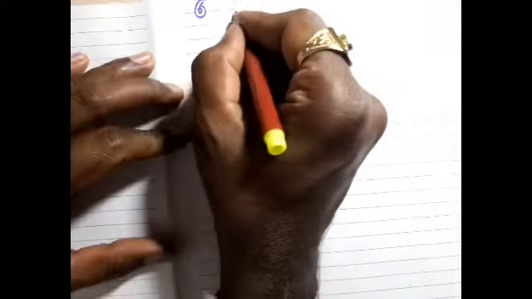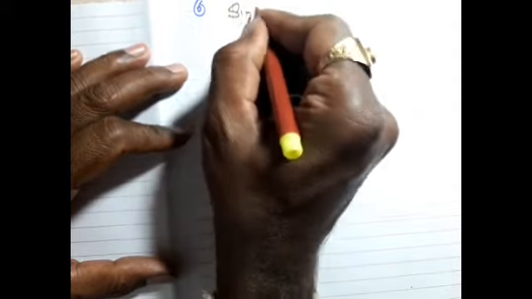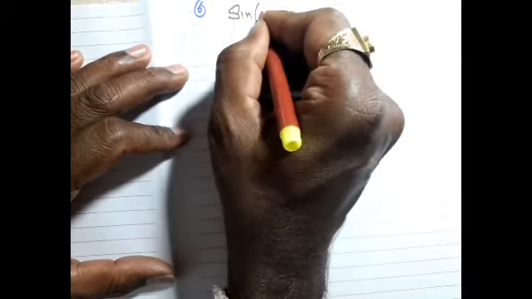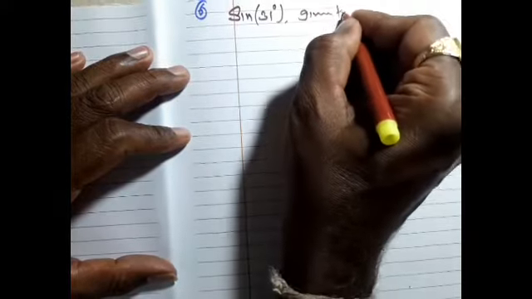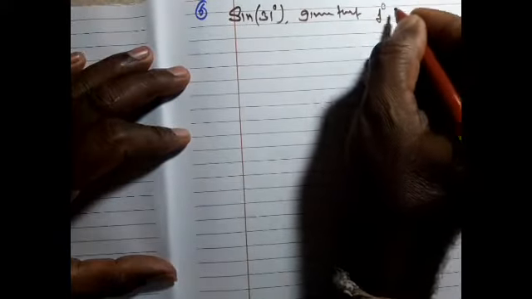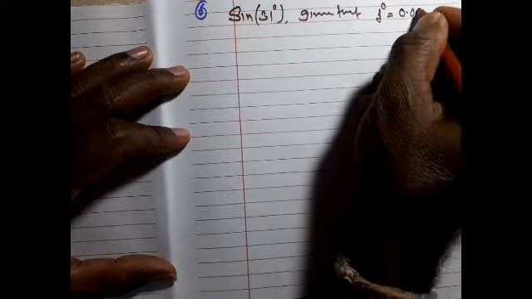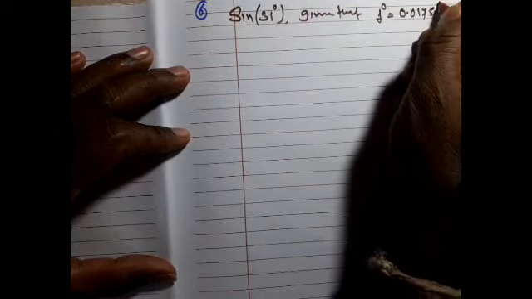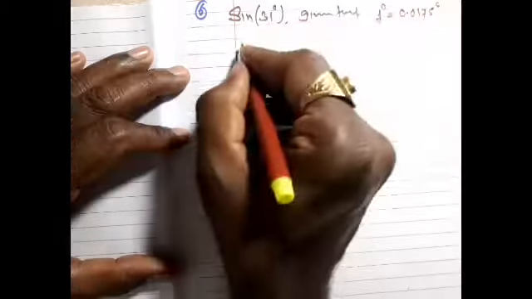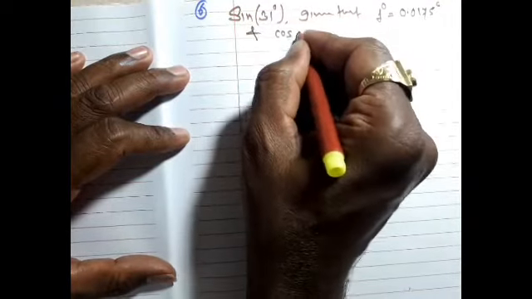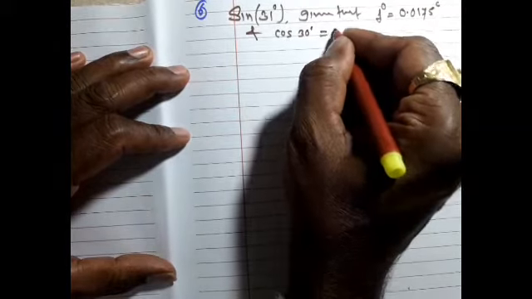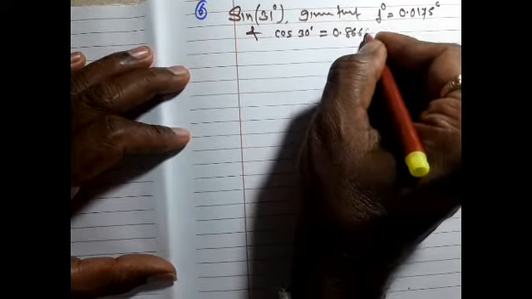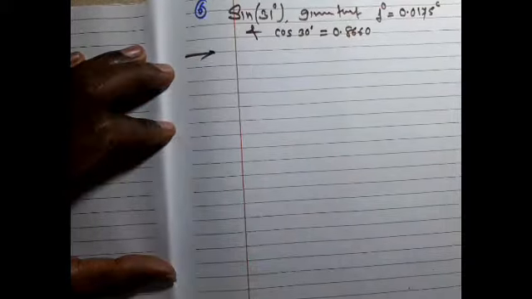So example number 6, find the approximate value of sine 31 degrees, given that 1 degree is 0.0175 radian and cos 30 degrees is equal to 0.8660.